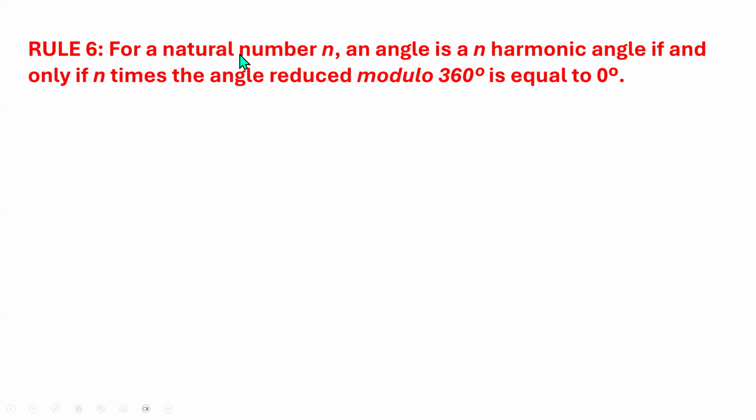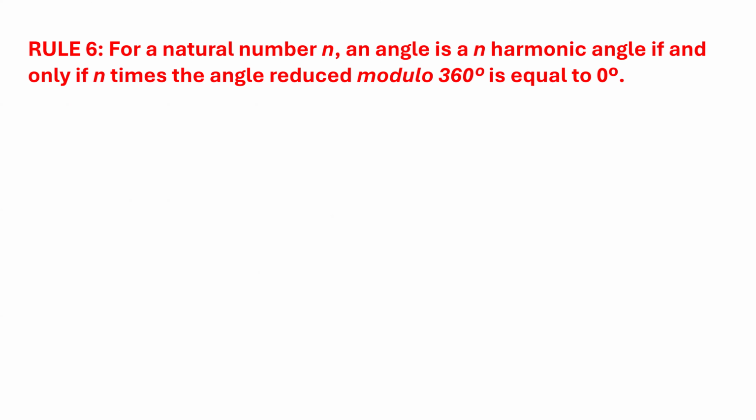Okay, rule number 6. For a natural number n, an angle is an n-harmonic angle if and only if n times the angle reduced modulo 360 is equal to 0 degrees. This is very important. If you take any n-harmonic angle, multiply it by n, reduce the result modulo 360 degrees, you're always going to get back 0 degrees.